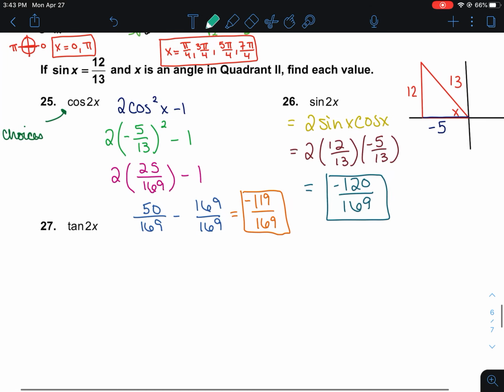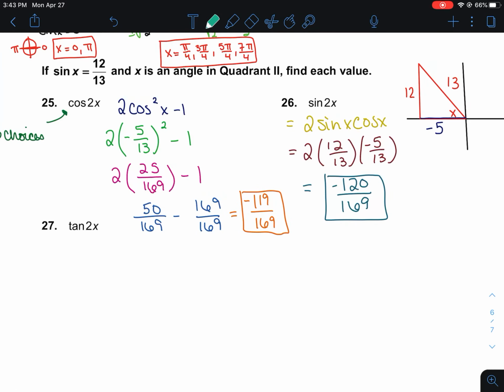All right, and then finally, tangent of 2x, I'm going to change that to 2 tangent x over 1 minus tangent squared x. Again, all of these are coming straight from my identity sheet. Okay, so 2, my tangent here is 12 over negative 5.